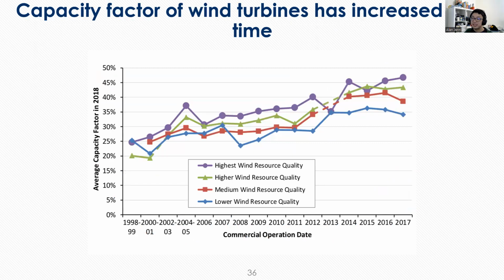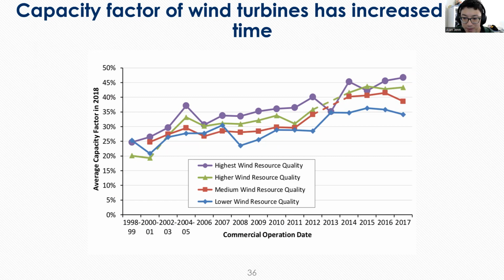One of the other things that has been a product of the locations in which we're deploying them, but also as a function of the technologies themselves, is the capacity factor, right? Which is, again, in reference to how often it's on, and the amount that it's on has increased over time pretty consistently.